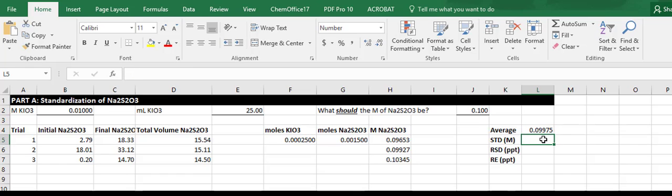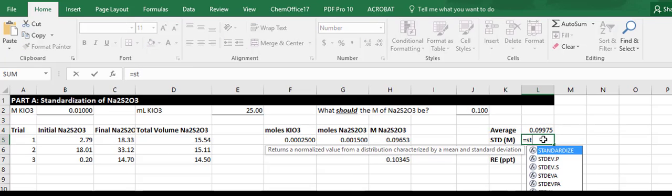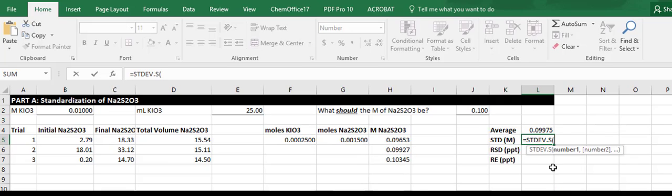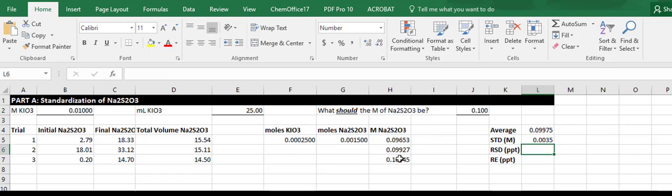Standard deviation, same thing, built-in function, so ST, and we want standard deviation S. And same thing, selecting the values here. So I left click and then hold and just drag straight down. And then hit enter. So that's our standard deviation.